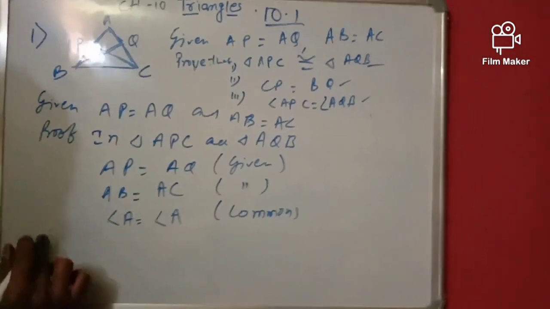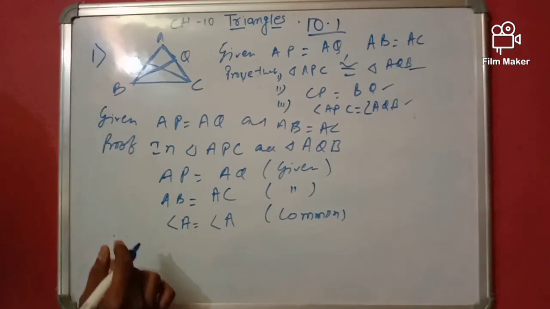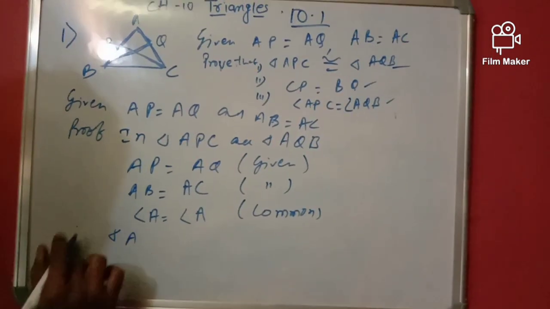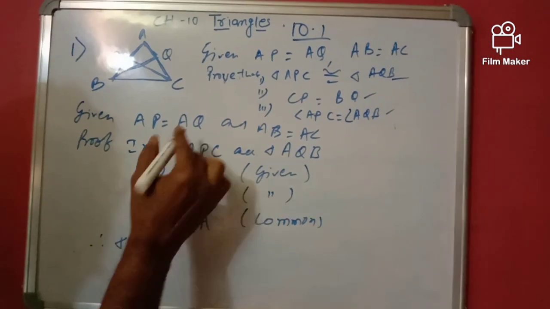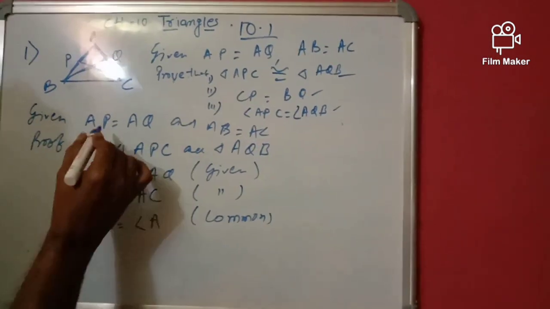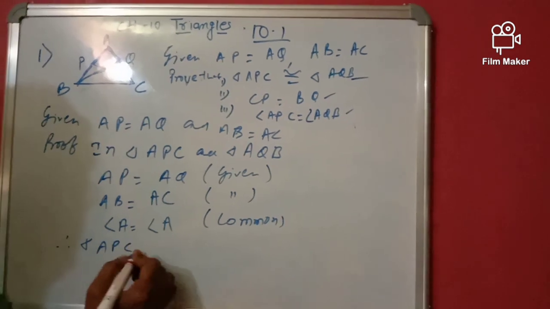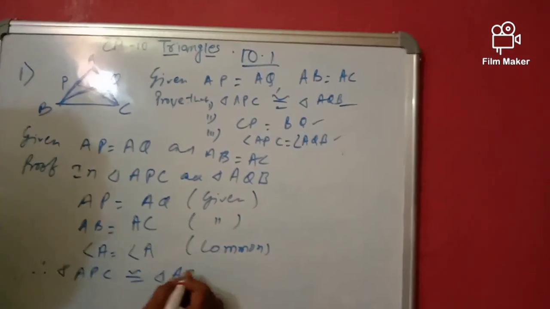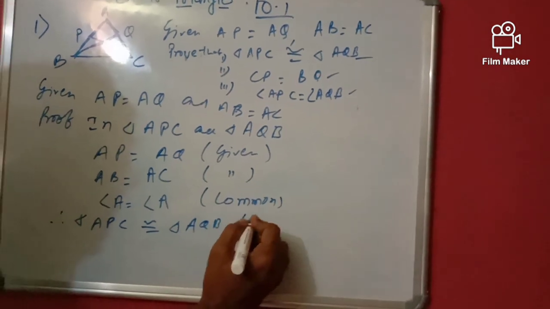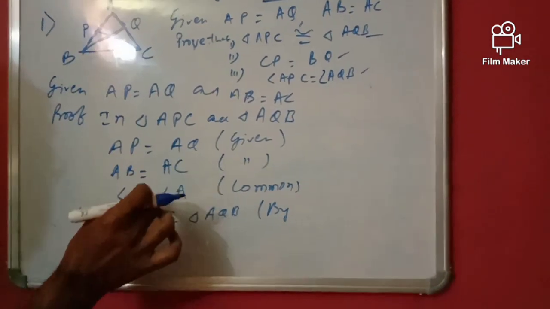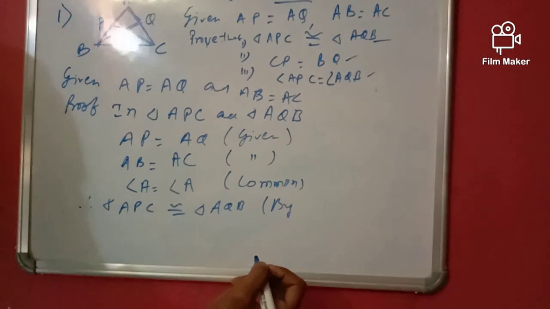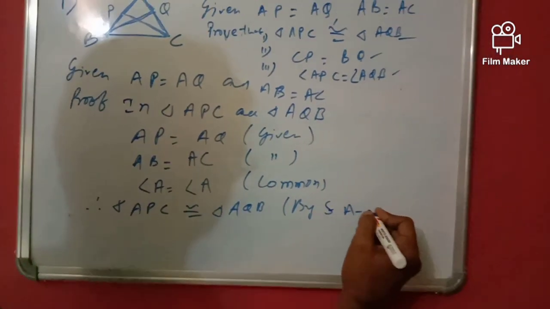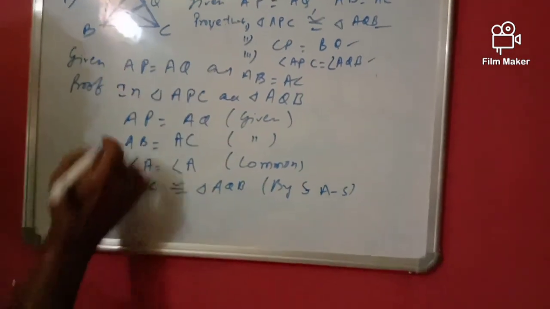Therefore triangle APC is congruent to triangle AQB by side angle side, means by the SAS congruency rule.